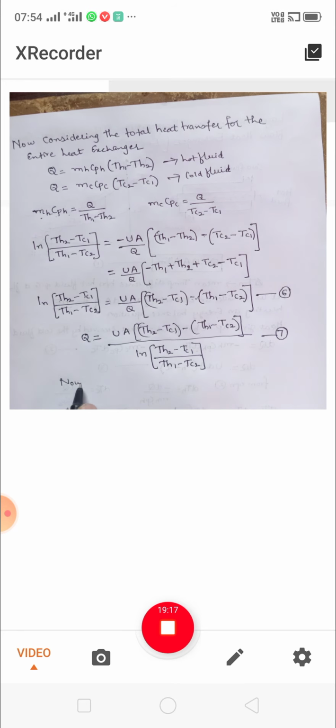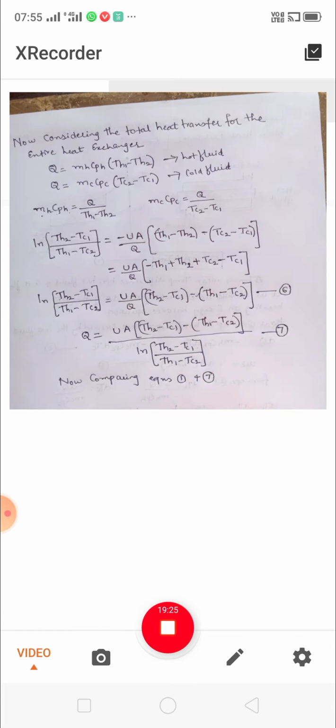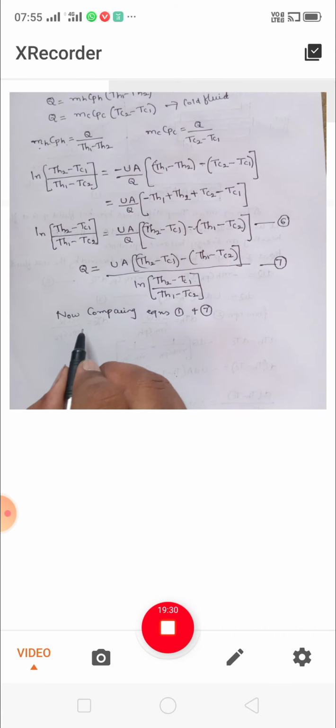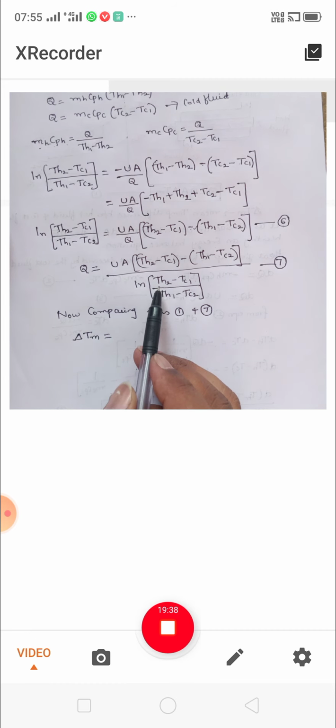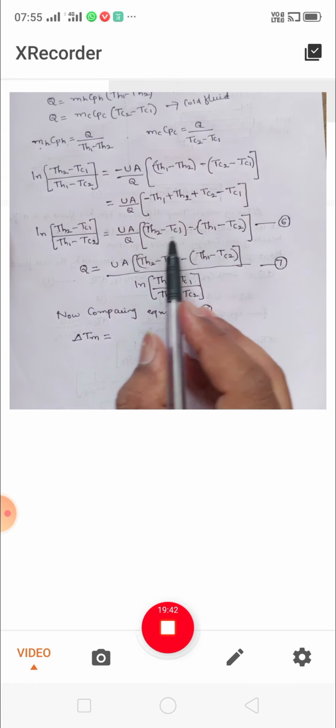So now, comparing equation 1 and equation 7, I can write delta Tm. In equation 1, Q is equal to U into A into delta Tm, whereas in equation 7, Q is equal to U into A into this entire term.